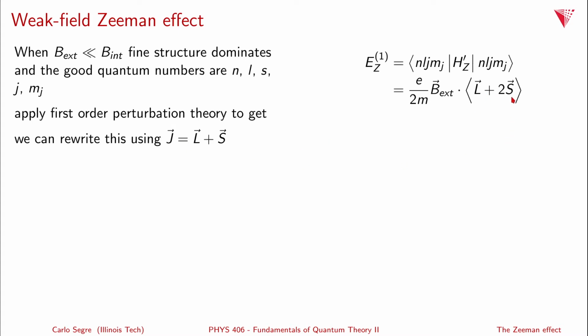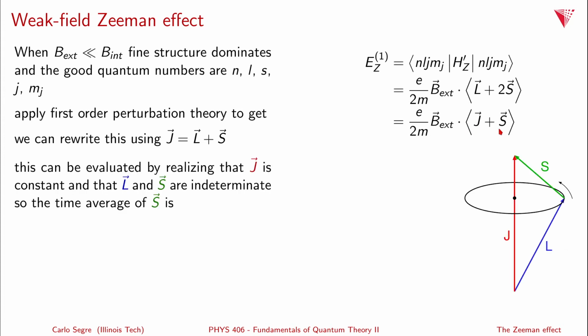Well, we can rewrite L plus 2S with J, because J is equal to L plus S. So this just becomes J plus S, and you have in front your e over 2m times B external dotted into the expectation value of J plus S.